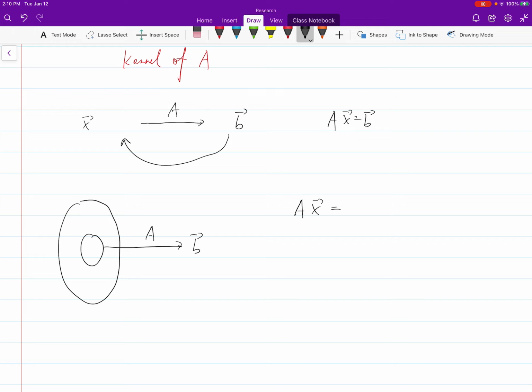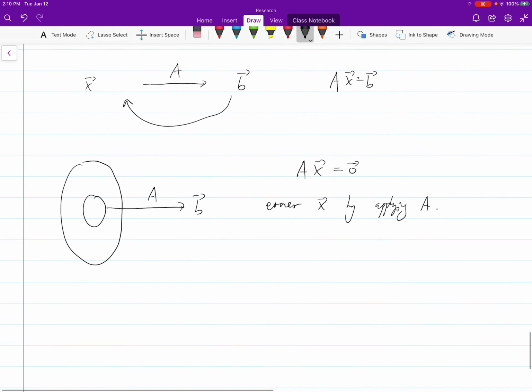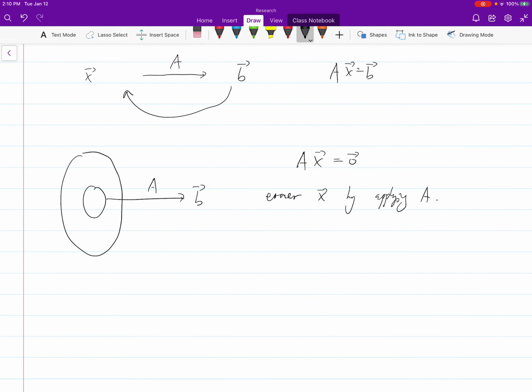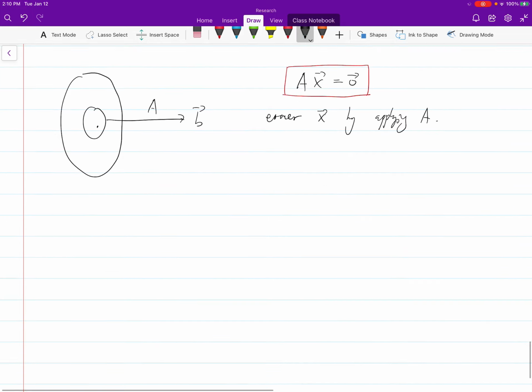That means if you do Ax, it becomes 0, homogeneous. That means you erase x after you apply A. Then when you backtrack, you better find one solution here, and then you better add the part that you erased. And how do you find the part you erased? You go to the kernel, because that's everything you erased.